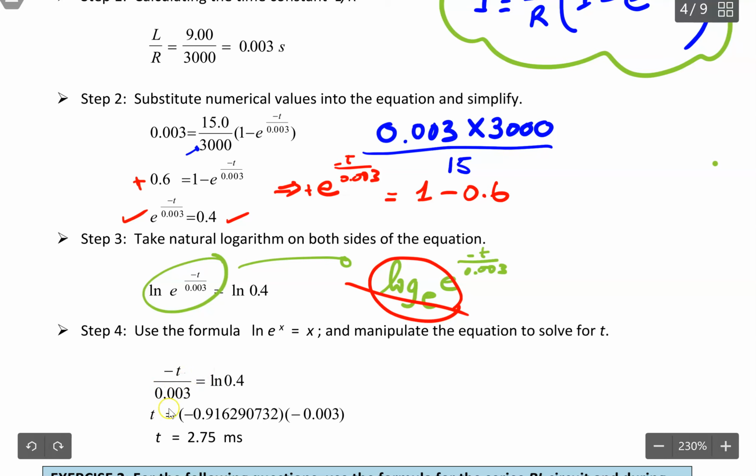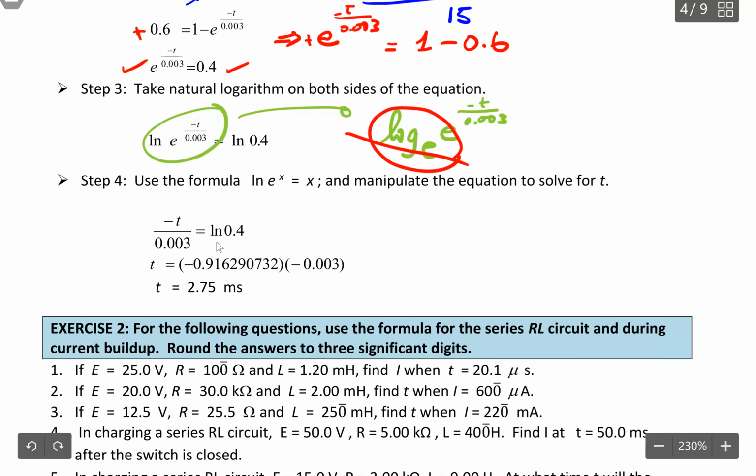So on this side, you just have a fraction, negative t divided by 0.03. On the other side is the natural logarithm of 0.4, right? So the natural logarithm of 0.4 can be easily calculated. When I punched it into my calculator, I got negative 0.91629072.